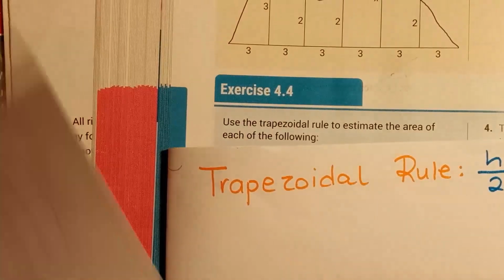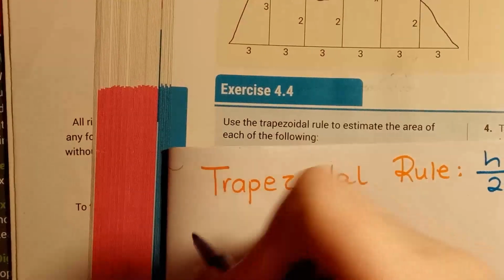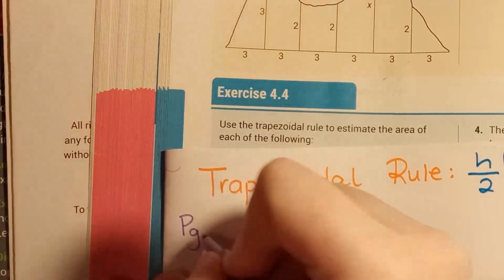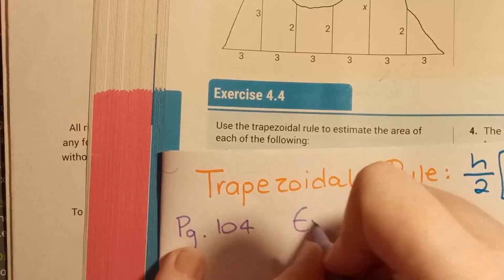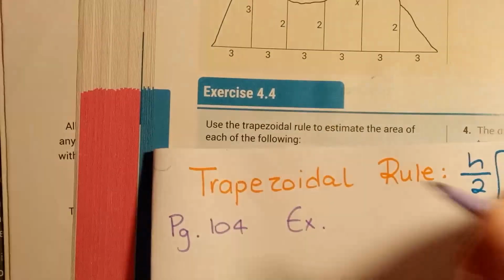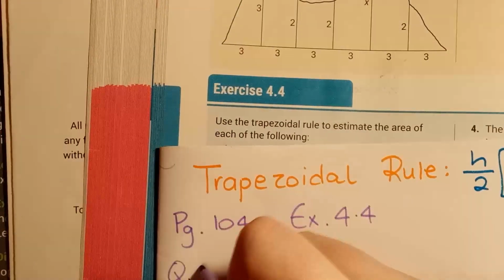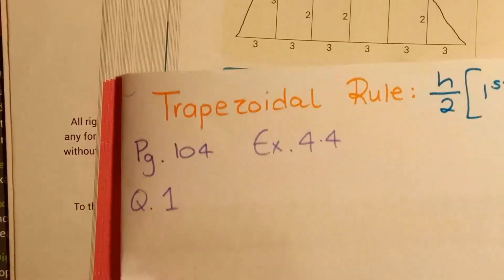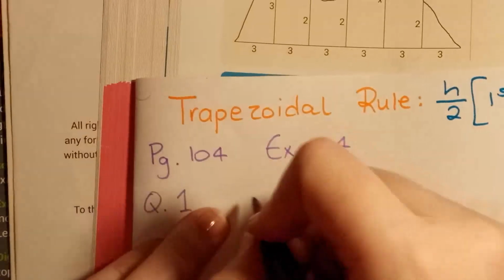Okay, so we're on page 104, exercise 4.4, and we're on question 1. We know from this that our h equals 2.